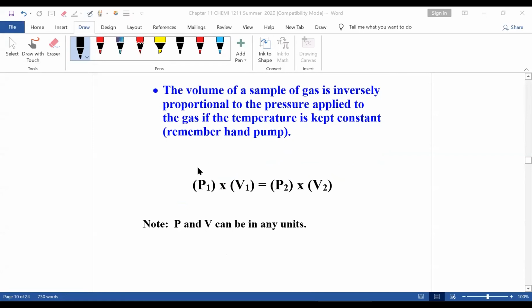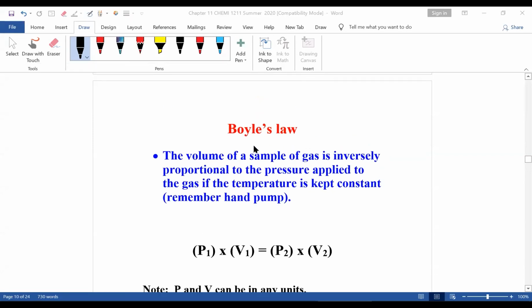And the gas engines are running our cars to this day. Those mathematical relationships are called the gas laws. Now, a law is something that's always true, always true. The first law I'd like to talk about is Boyle's law.